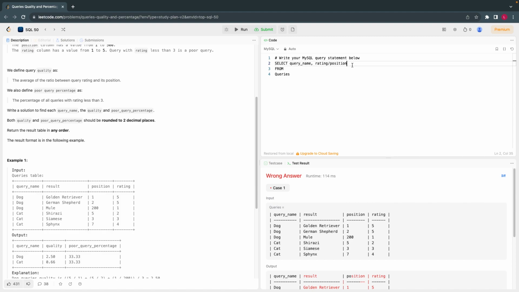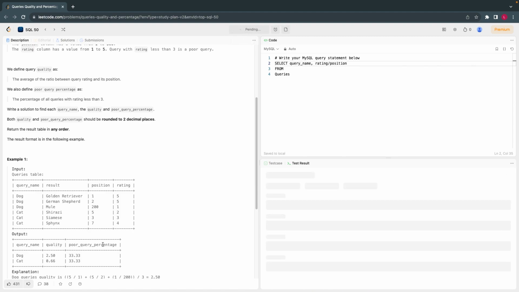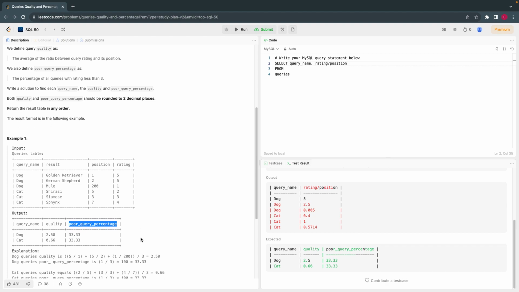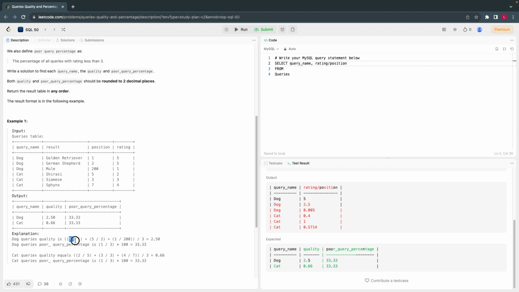Let's calculate the first value and see what we get. We can also have the rating and then position, and then we get these values.